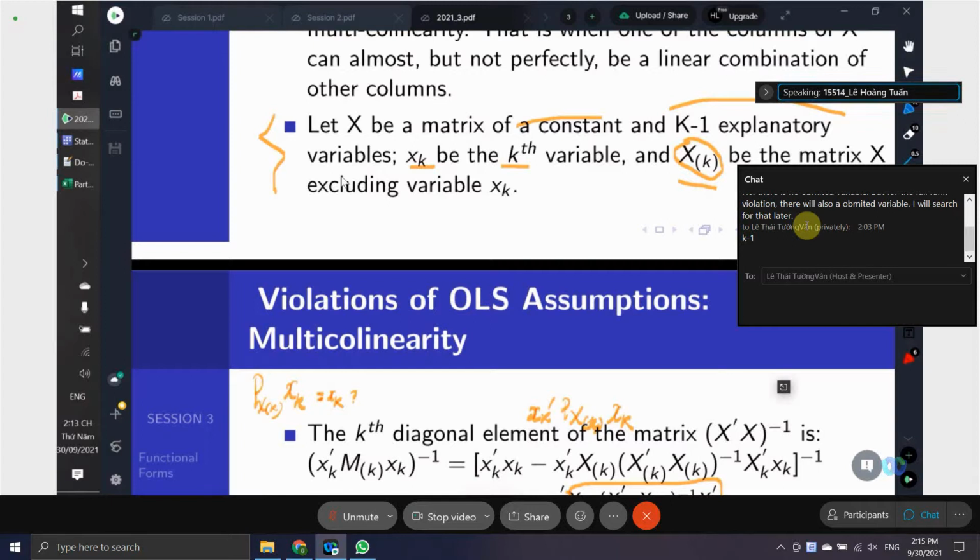Okay. So it's like taking what to regress on what? Yes, thank you.